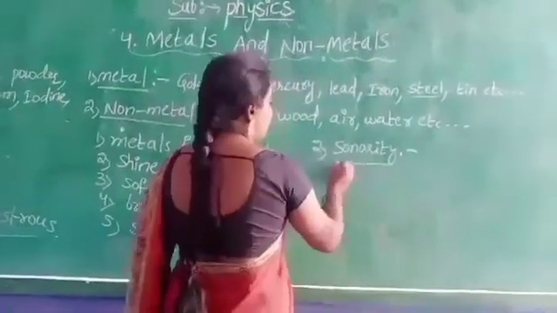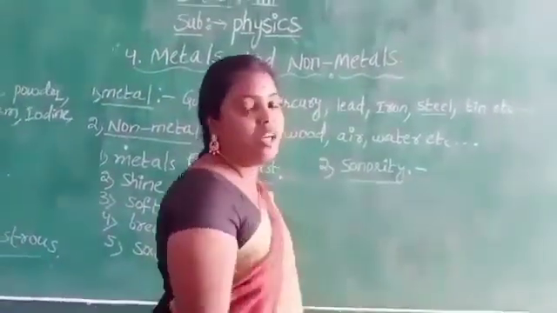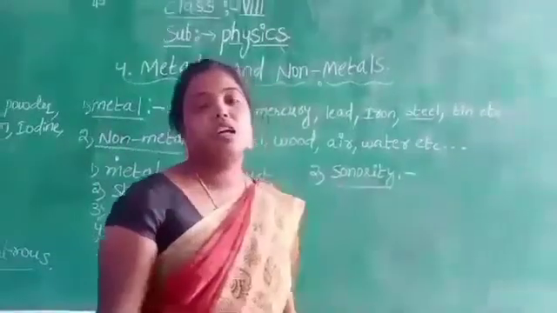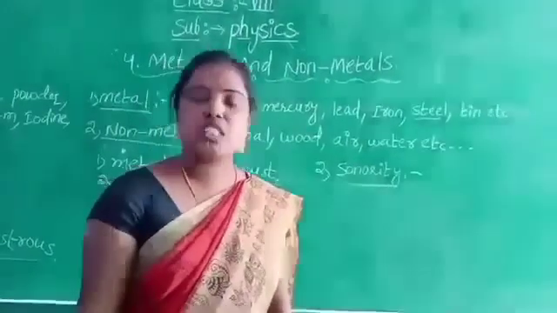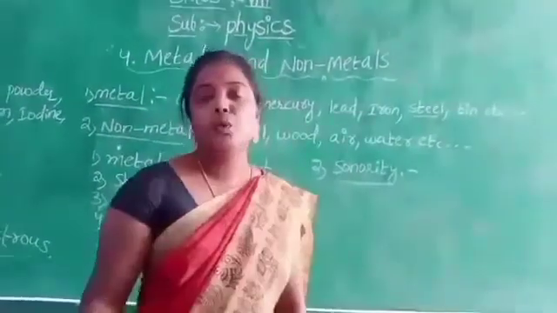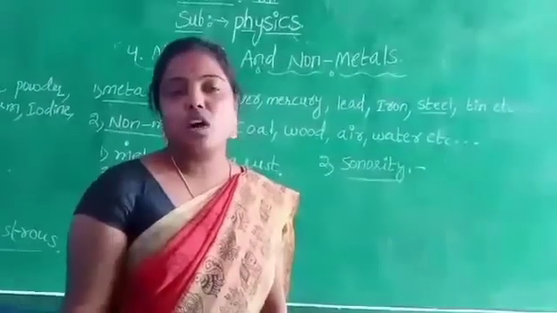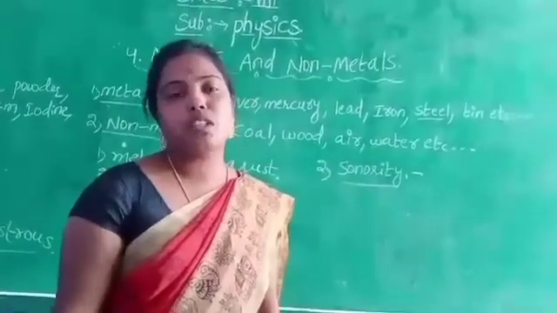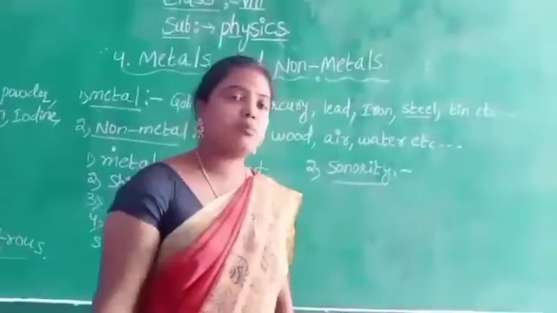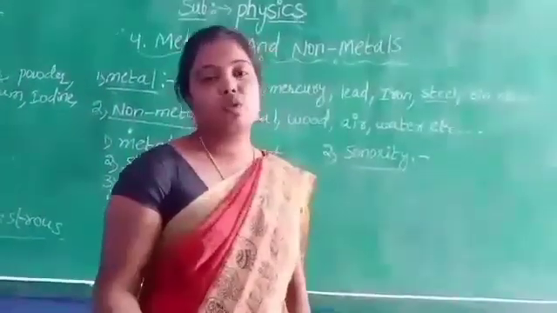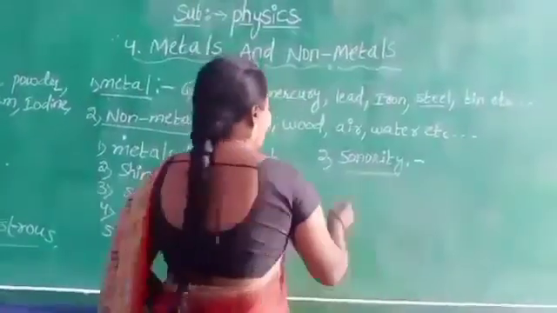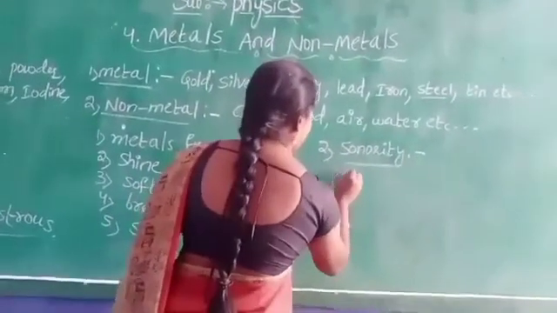Children, what is activity 2? You collect different types of samples from your surroundings, and one by one you drop the materials on the hard floor. Then you observe the sound. Some materials produce sound, some materials do not produce sound. Which materials produce sound?